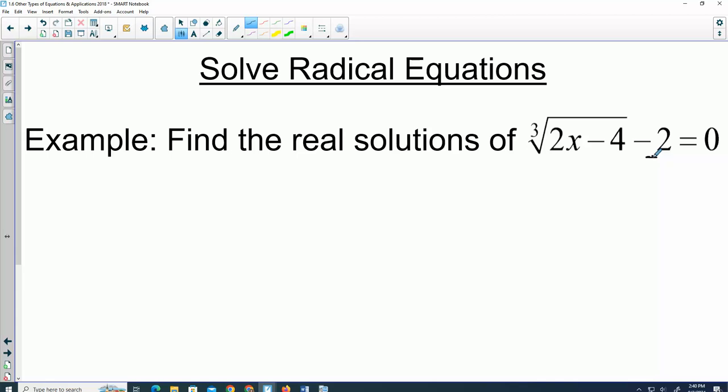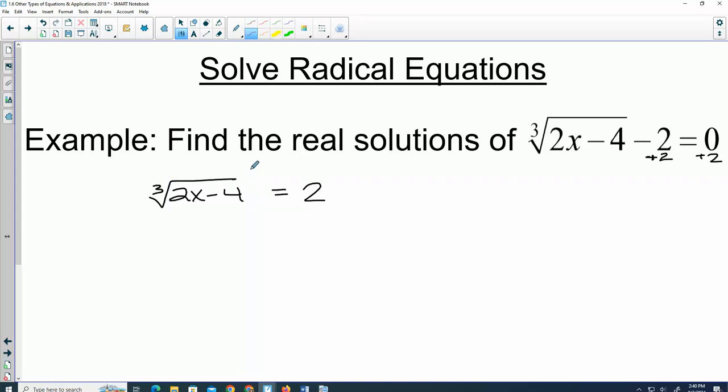Okay, let's get the cube root by itself. So we can add over the 2. Okay, we are trying to solve for x. So we have to get the x by itself. What is the opposite of a cube root?